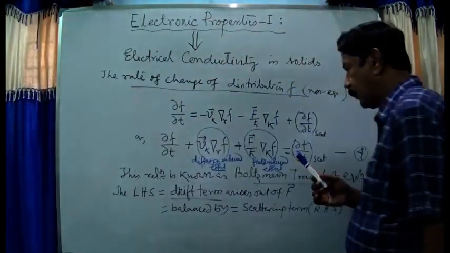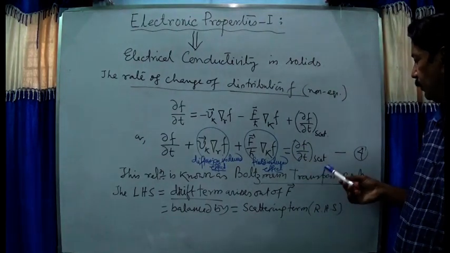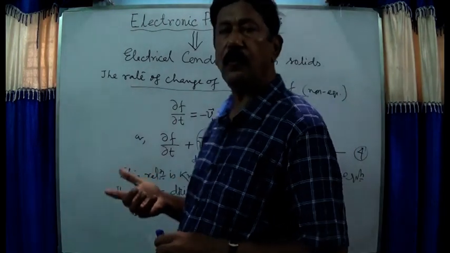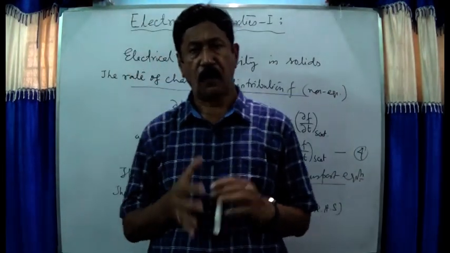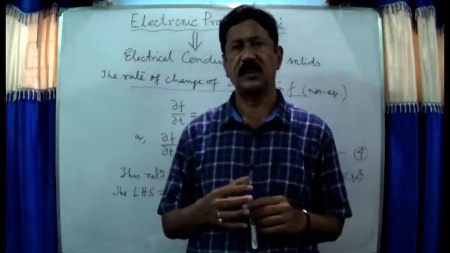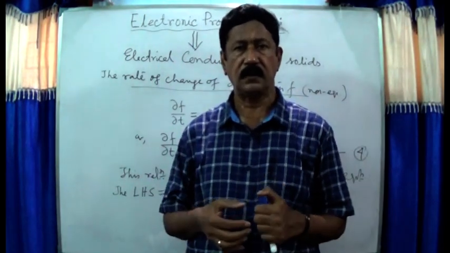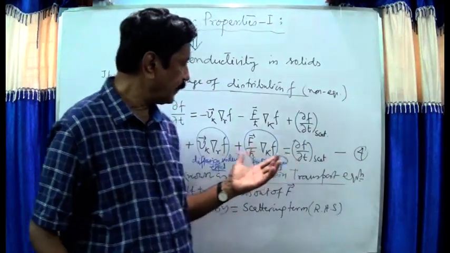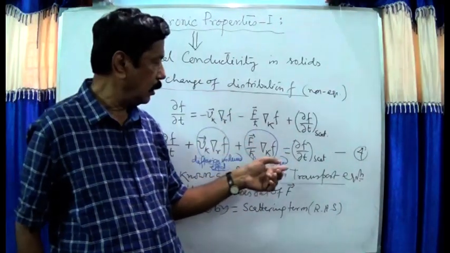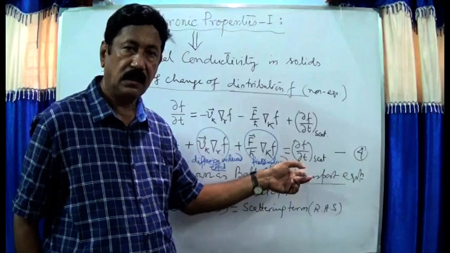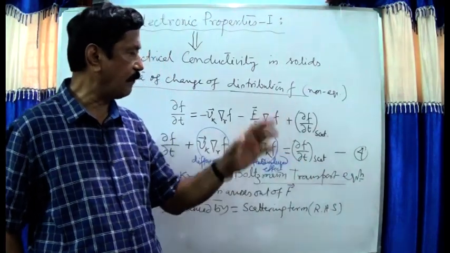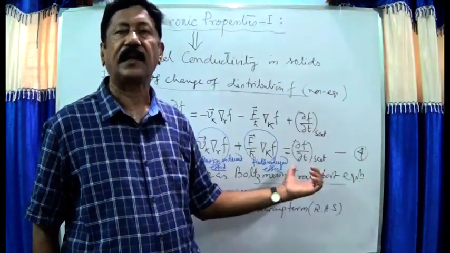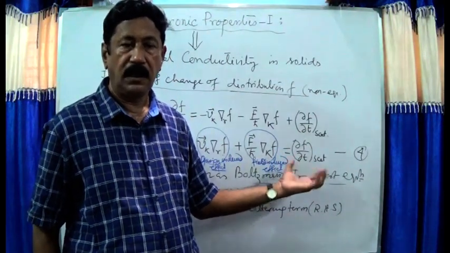Now, one thing has to be considered here, that the scattering term, which we have told you earlier, is very complicated. Sometimes it poses a very formidable problem to solve it analytically. Here also, that problem is there. So we have to make some assumptions so that we can tackle the scattering term in a simpler way.